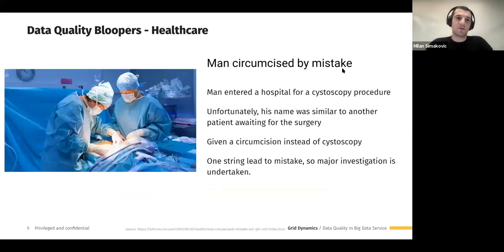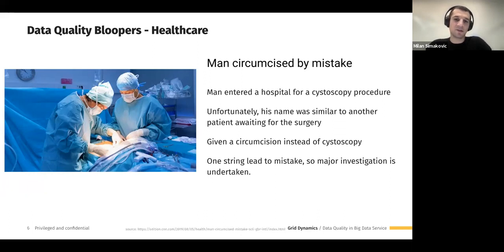One more interesting example is related to healthcare. It happened somewhere in the US. One man was going to the hospital for a cystoscopy procedure. Unfortunately, at the same time, there was another patient with an almost identical first name and last name, who was awaiting a different surgery.